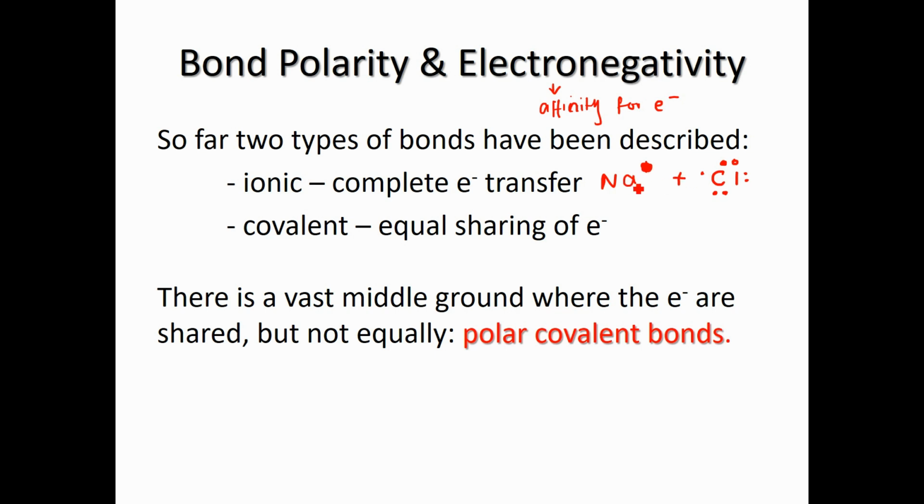So for sodium to gain a noble gas stable state, octet state, it has to completely transfer the electron to chlorine, so chlorine will be 8. It's easier for sodium to lose 1 than gain 7. It's easier for chlorine to gain 1 than lose the 7. So when this happens, you get sodium chloride, a metal and a non-metal. Then you get ionic bond between the sodium and the chlorine.